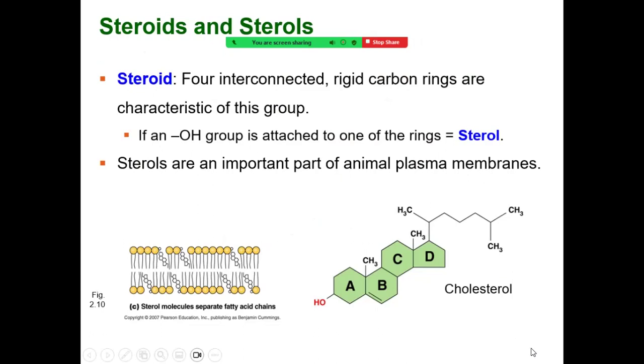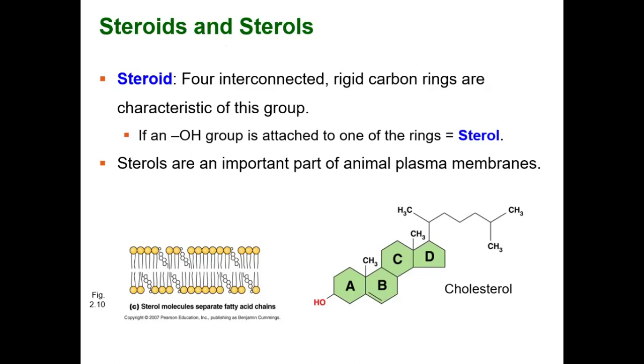If not, let's talk about another group of lipids that we call steroids. If you remember, there were three types of lipids: simple lipids, complex lipids, or fats and triglycerides. And well, actually there's four, because there's phospholipids, that's different. And then the other group is the steroids.